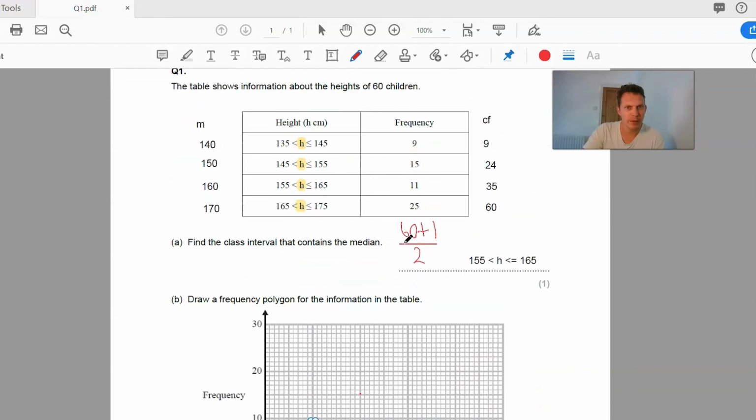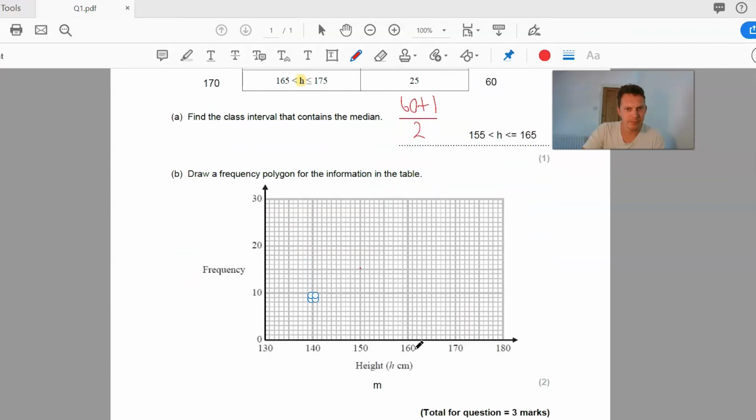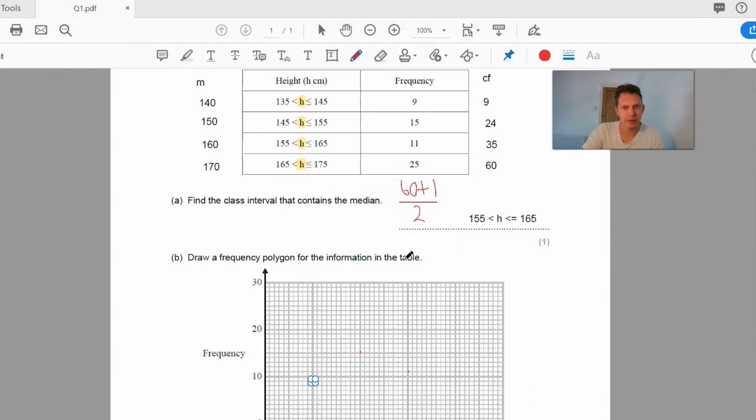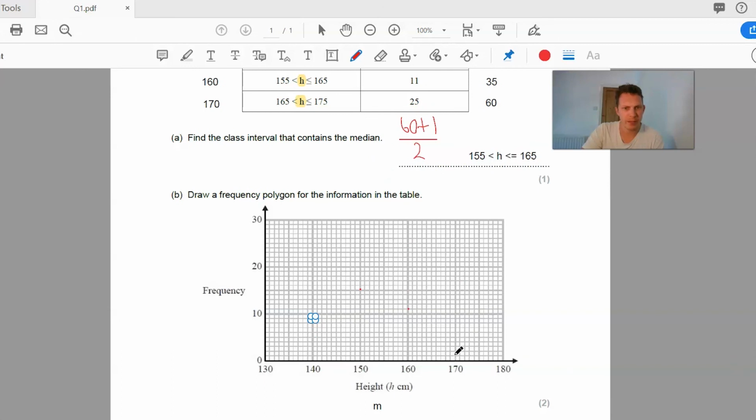Just making that point there. 160, I'm going up to 11, just making a little mark. And 170, I'm going up to 25. So 170, going all the way up here to 20, 1, 2, 3, 4, 5, like so.